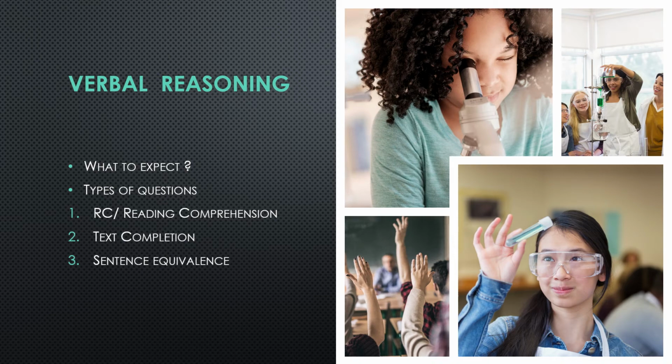So you'll be asked different types of questions based on a paragraph in the reading comprehension section. In text completion, you will be asked to fill the gaps in the sentences from the given options, like a multiple choice question. And similarly, sentence equivalence is a multiple choice question, and you will be asked to choose 2 answers for the same fill in the blank which have similar meanings.